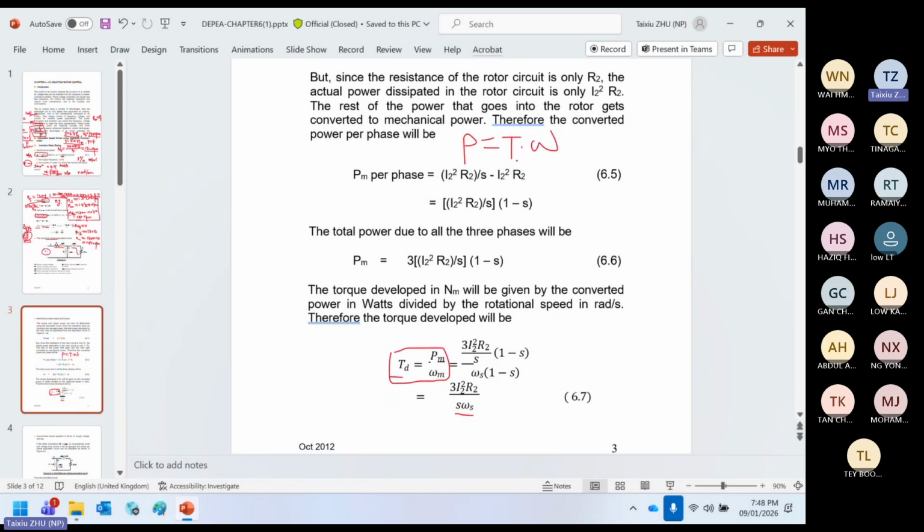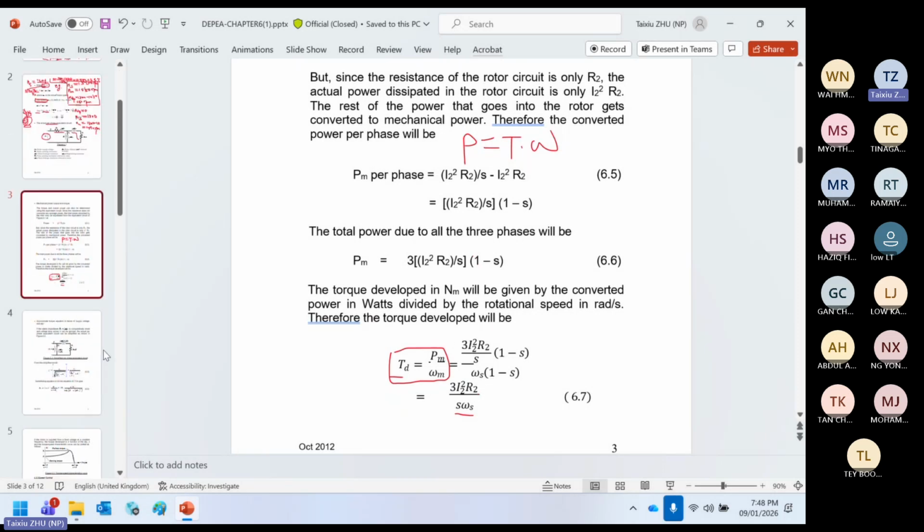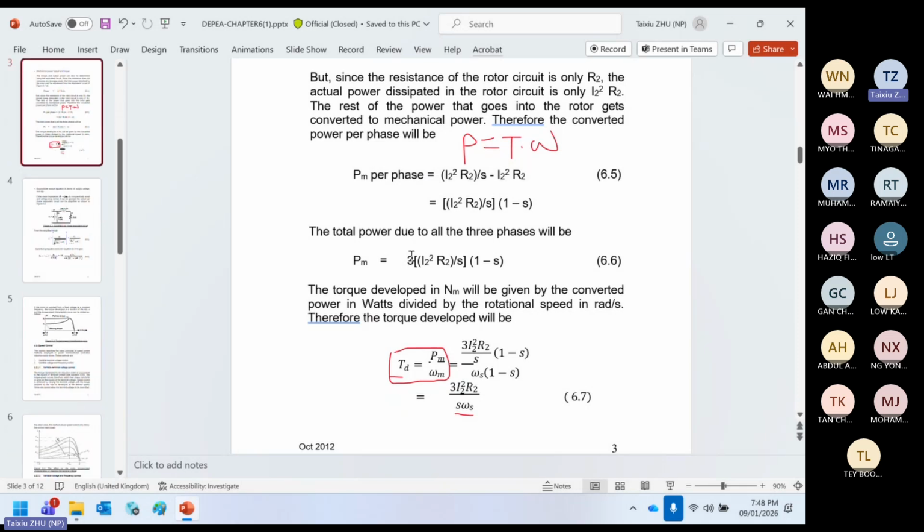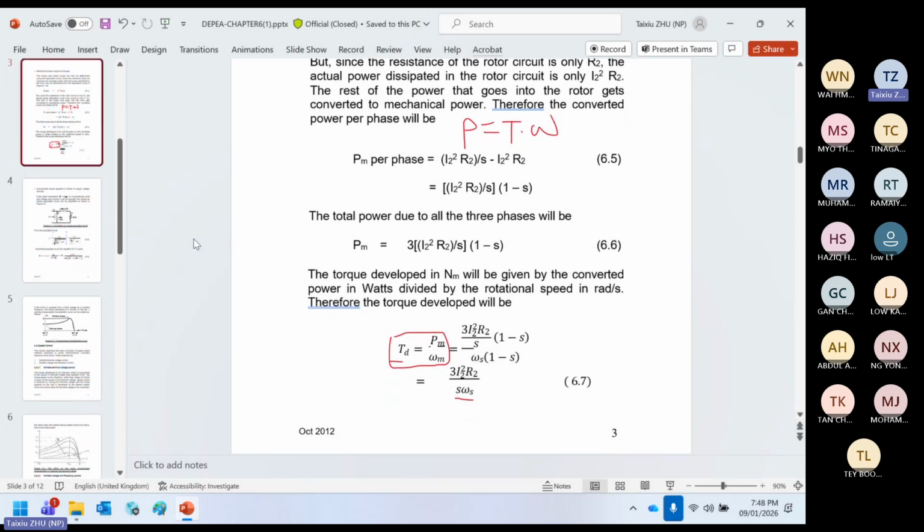Radians per second, Newton meter torque, they are all mechanical parameters, but here is the electrical watts. So these watts eventually can go here, then you can do calculation here. But anyway, if this part is tested, the formulas must be given because there are too many. It's very hard, if possible at all, to remember them.